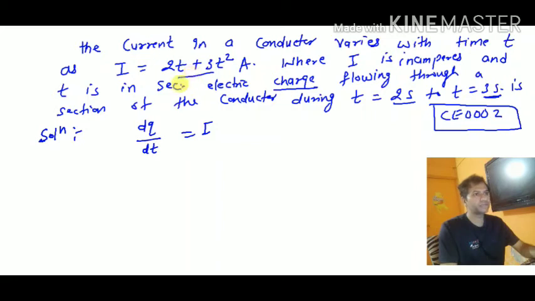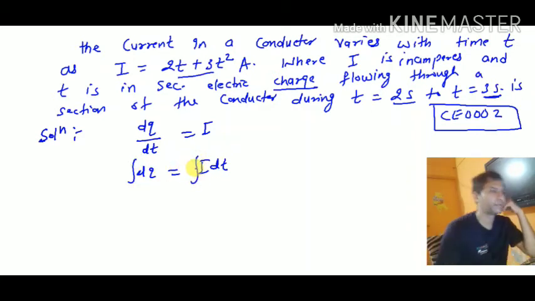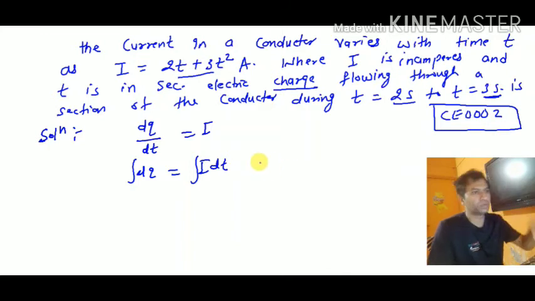Current is given, they are asking for charge. So what I can do is write dq is equal to I dt, and if I integrate it, I will get charge here.